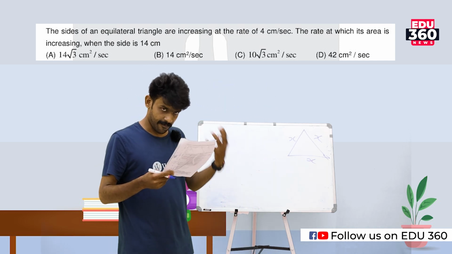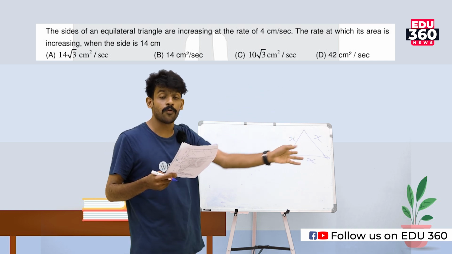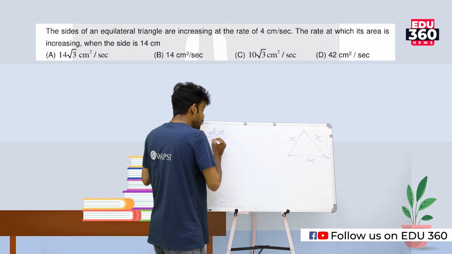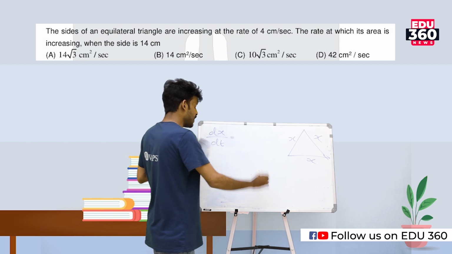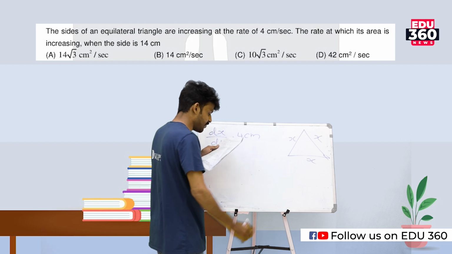So hereafter, from the question, the sides of an equilateral triangle are increasing at the rate of 4 centimeter per second. So that means dx by dt is equal to 4 centimeter per second. Yes, it's given.